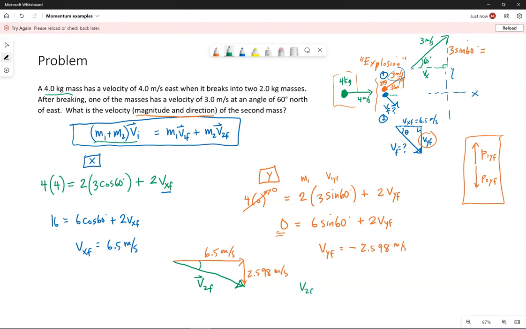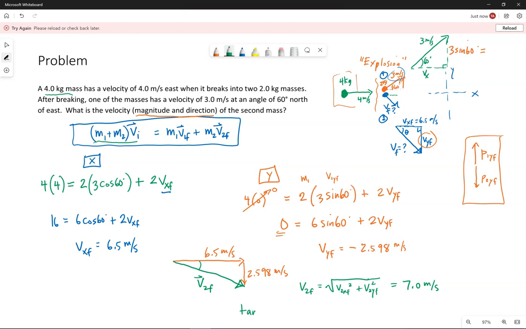So V2 final, the magnitude will be the square root of the x component squared plus the y component squared. Pythagorean theorem. I'm getting 6.9999999. So 7 meters per second is the magnitude, so the speed.